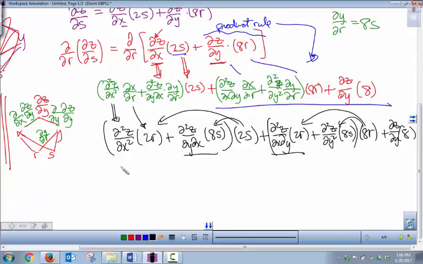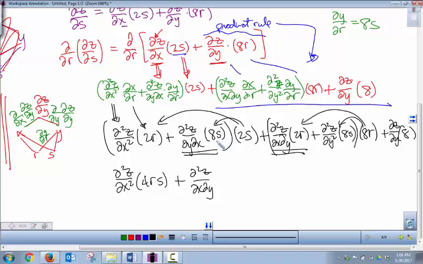So let's distribute: d squared z dx squared times 4rs, plus d squared z dx dy. Now dx dy and dy dx will be the same, so let's figure out what the coefficient is here.